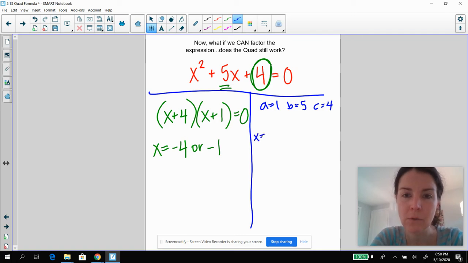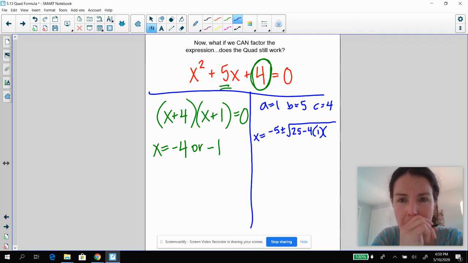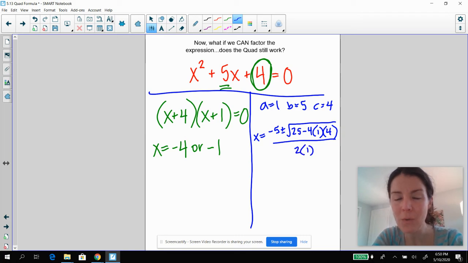So x equals -5 plus or minus square root. So b squared is 25 minus 4 times 1 times 4. There we go. And then all over 2 times 1. And look what happens underneath my square root.